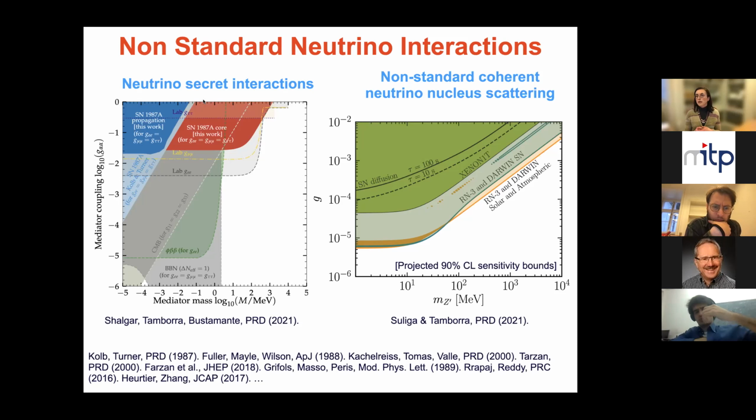And in principle, if we assume that those interactions occur after the neutrinos leave the supernova, then these neutrinos could undergo those secret interactions with the neutrinos that they meet on their way, coming from the cosmic neutrino background.